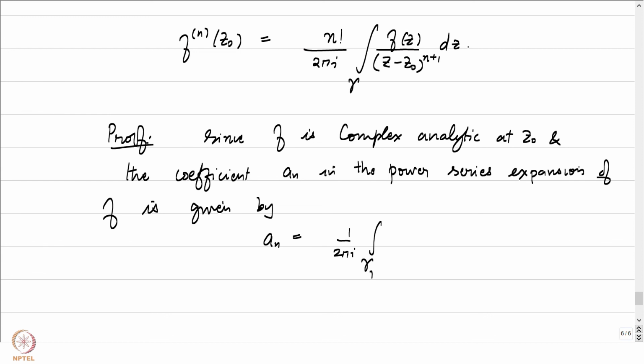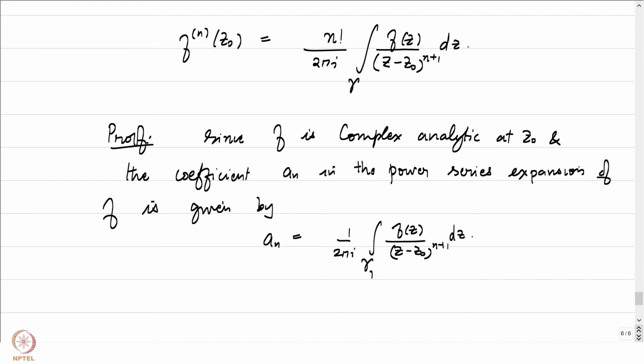This is over gamma, by the way, we'll come to it. This one is the integral over gamma 1 of f of z by z minus z0 to the power n plus 1 dz.